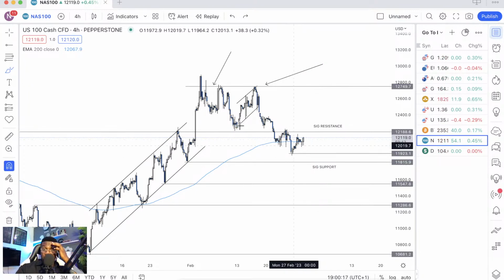But if you have sell trades, probably from any area from here, you can start to adjust your stop loss into profit.